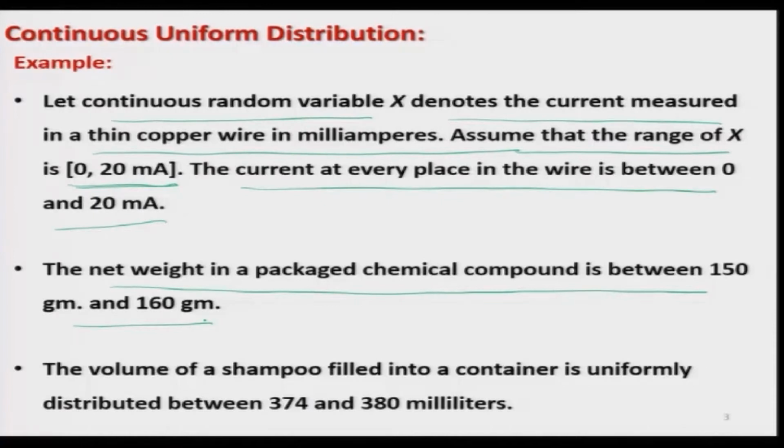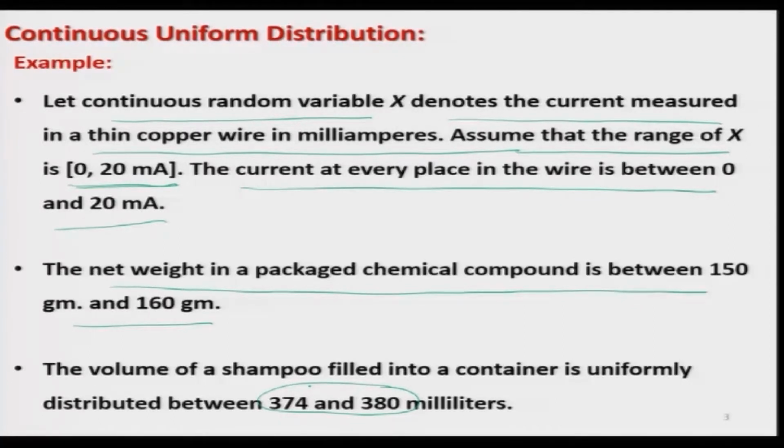Similarly, whenever we go to a grocery shop and look at the bottles of shampoo, although it might be written outside that the contents are 375 ml, if you really measure accurately, this value may be somewhere between say 374 milliliter to 380 milliliter. That is due to some random variation because the packaging is being done by automated machines.